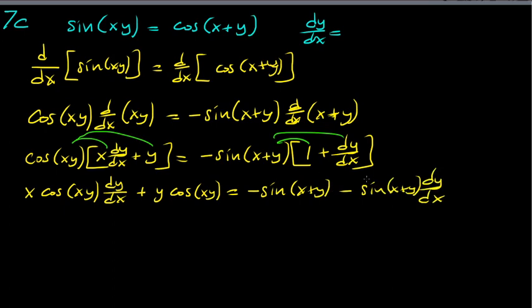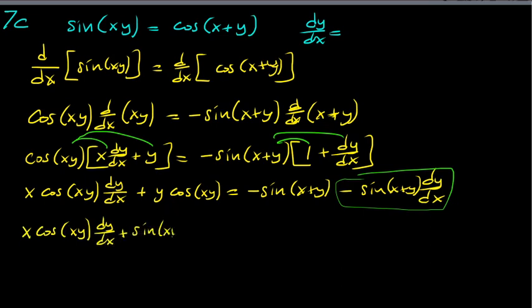So we want all the derivative terms on the left. So why don't we add that to both sides? And while we're at it, why don't we subtract this from both sides?